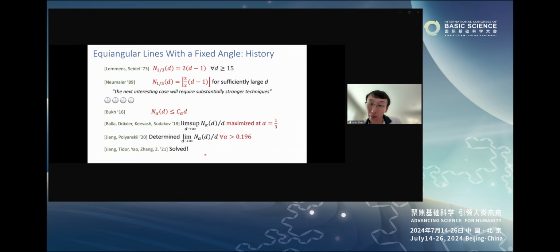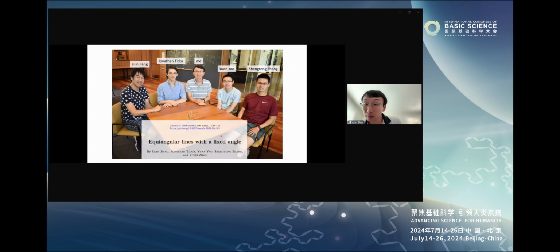And so I want to use the rest of the talk to explain what is the solution and what are some of the insights that we learned from this solution. So this is a work with a wonderful team. We were all at MIT at the time, although people have scattered to different places by now. Zilin Zhang was a postdoc working with me at the time. He's now at Arizona State. Jonathan Tidor was a PhD student.